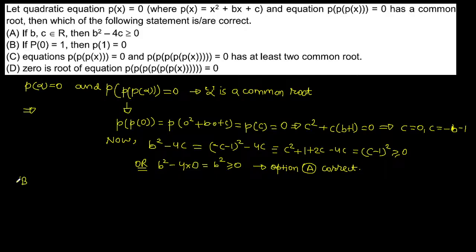Option B. p(0) is equal to c, is equal to 1, implies p(1) is 1 plus b plus c, which is equal to 2 plus b.